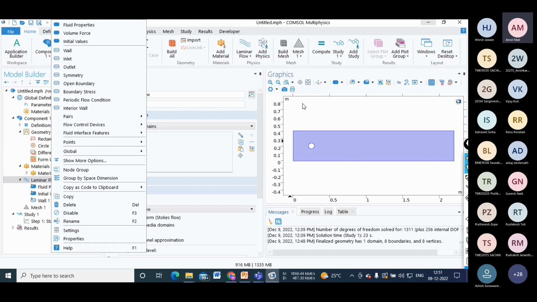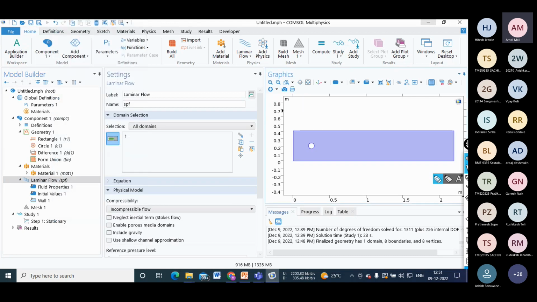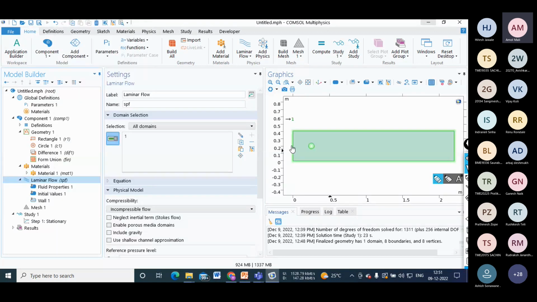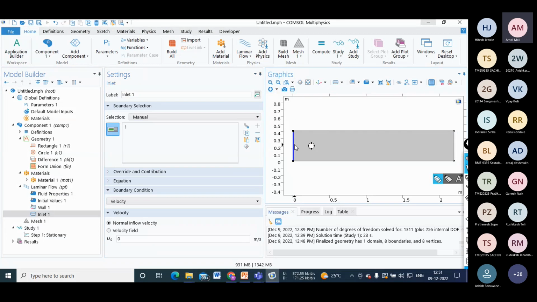Next to that, here we can see this is the rectangular pipe through which air is flowing, and one circular obstacle has been kept here. So we'll check the velocity flow as well as the pressure flow. First I will give the inlet and outlet to this pipe. Right click, inlet. Look here, where is the inlet?